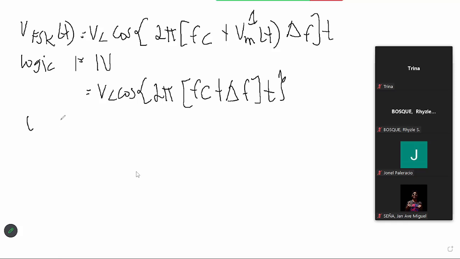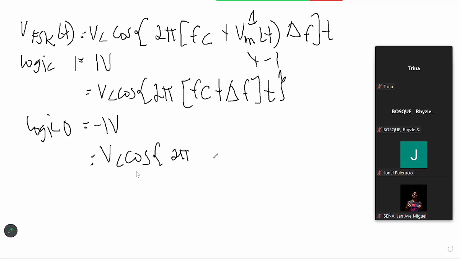For logic 0, which is negative 1 volts, instead of being positive 1, this will be equal to negative 1. So this will just be equal to Vc cosine 2 pi (fc minus the frequency shift deviation delta f) t.